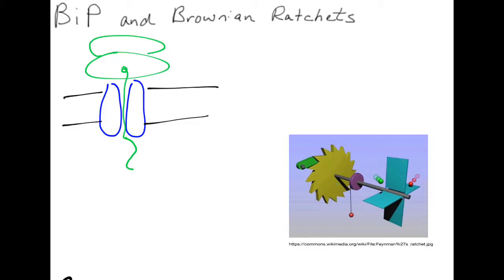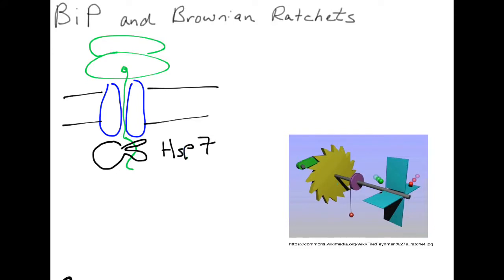And again, you could probably guess where I'm going, especially if I go ahead and draw what is sitting on the luminal side of the translocon pore, basically just waiting for the now luminal nascent chain to emerge. And that protein looks like this, and is, as I'm sure you know, an HSP70.